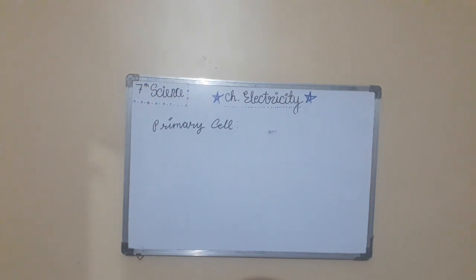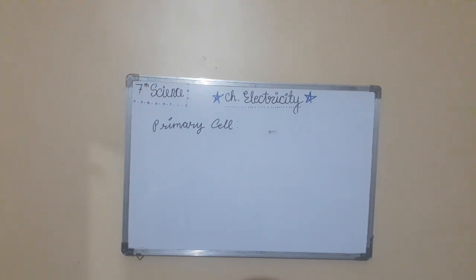Significance of name: the electrolyte used in this cell is dry in comparison with other cells. When all the chemicals present in the cell get used up, it can no longer produce current. Such a cell is termed a dead cell.